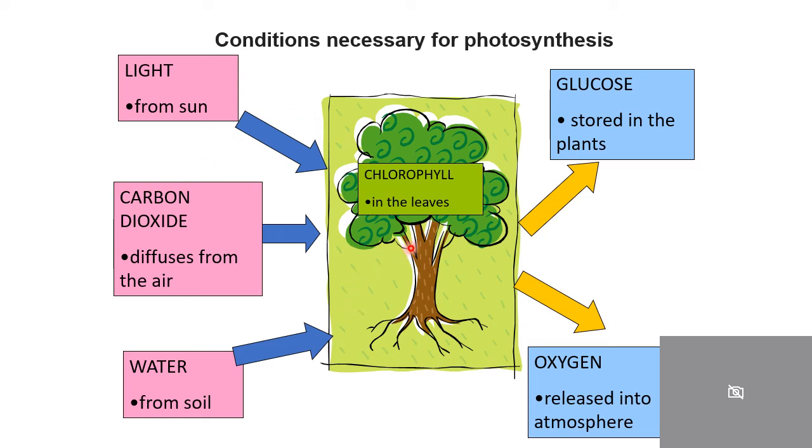And when the photosynthesis is done, what is the end product? It is glucose. Glucose is a type of carbohydrate, a simple sugar, which is stored in different parts of the plant, and oxygen is released into the atmosphere.